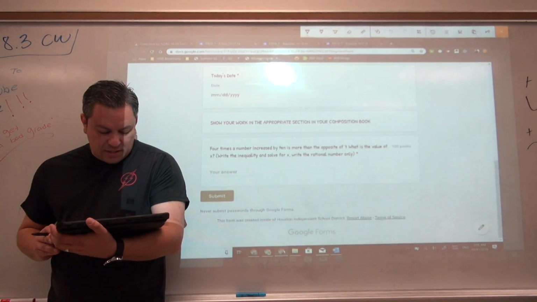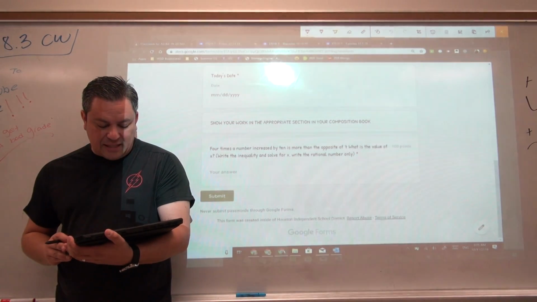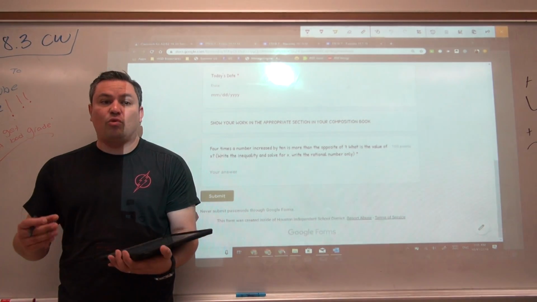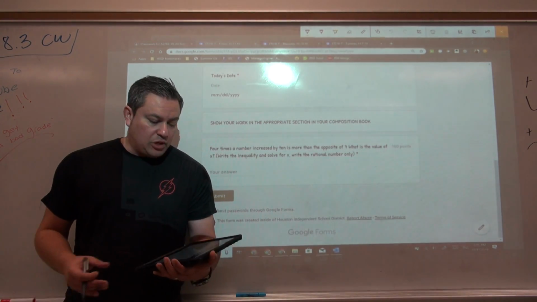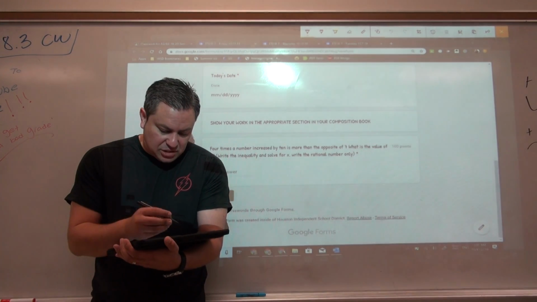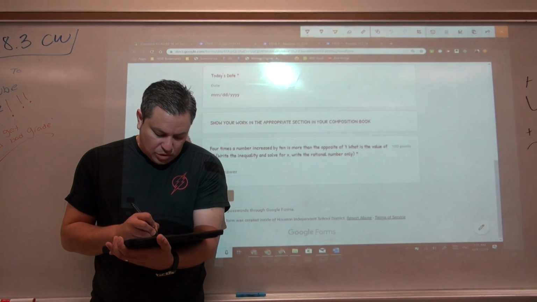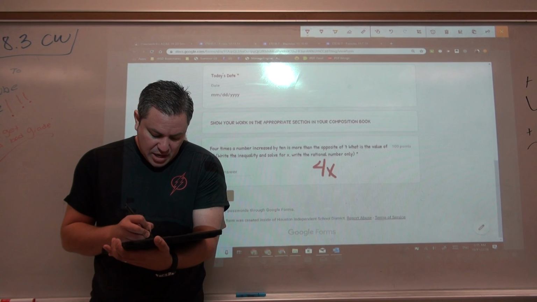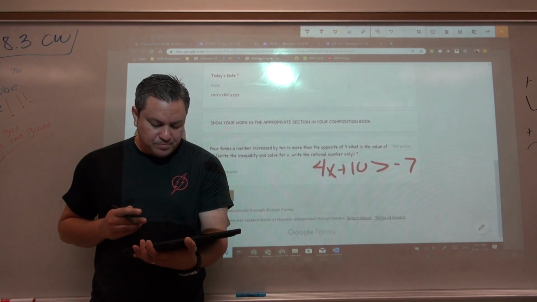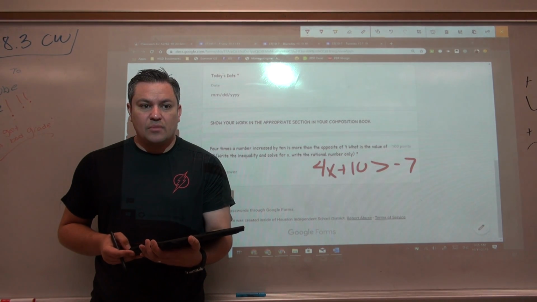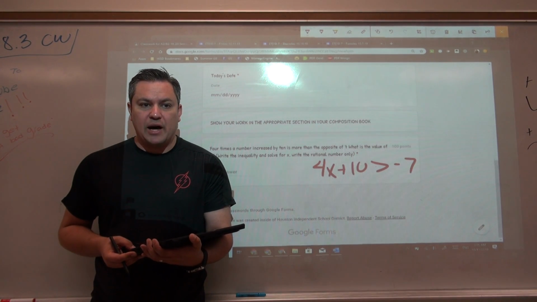It says 4 times the number increased by 10 is more than the opposite of 7. We know the inequality because we did it yesterday, right? So let's just write it real quick. That's the inequality. And then we just have to solve for it, right?